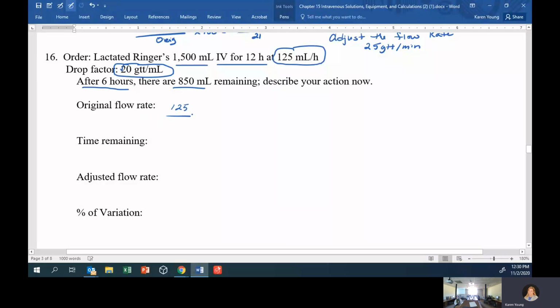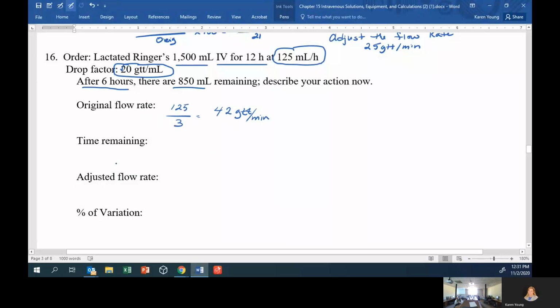So 125, and my constant for the 20 drops per milliliter is 3. So 125 divided by 3 gives me 41.6. So I'm going to say 42 drops per minute. I'm going to go ahead and round it up.